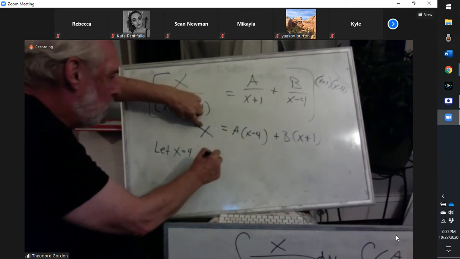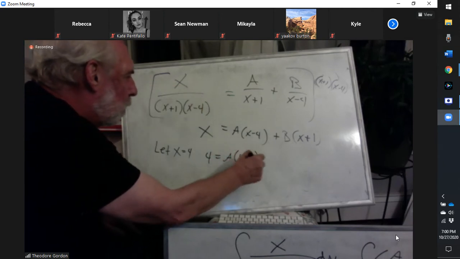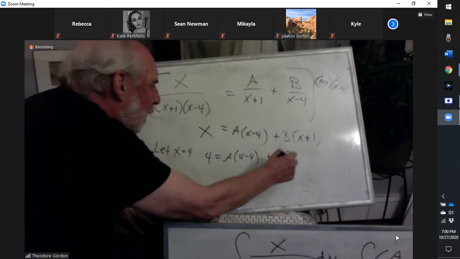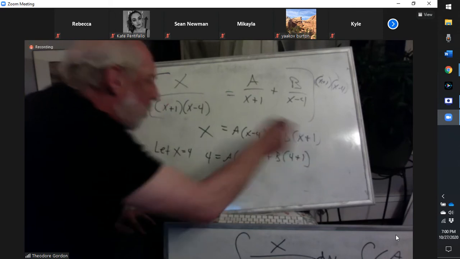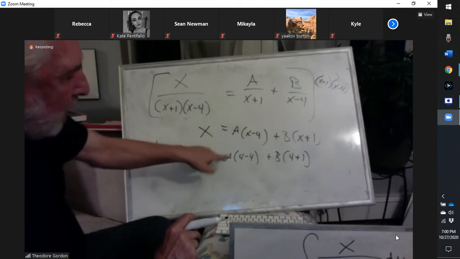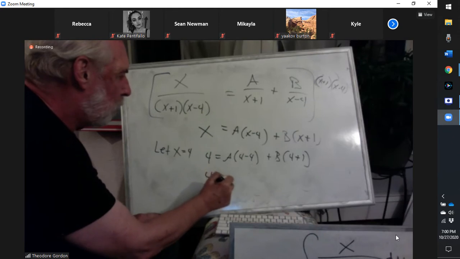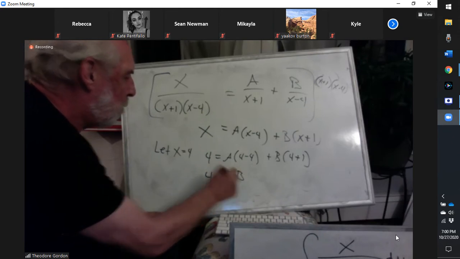So we get 4 is equal to a times 4 minus 4 plus b times 4 plus 1. The reason I did that is because the a is now going to disappear. So this says that 4 is equal to 5b.